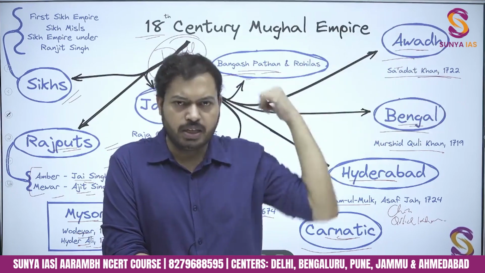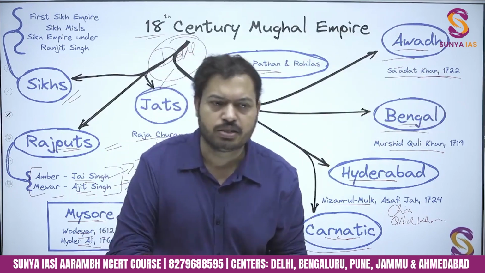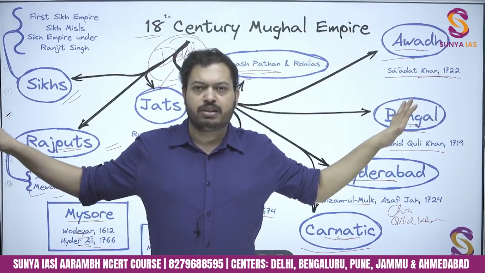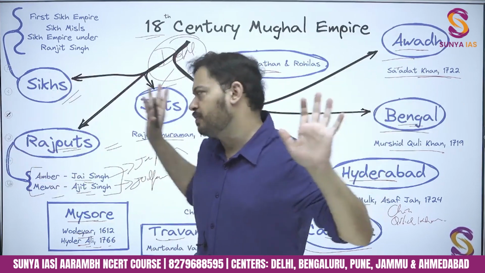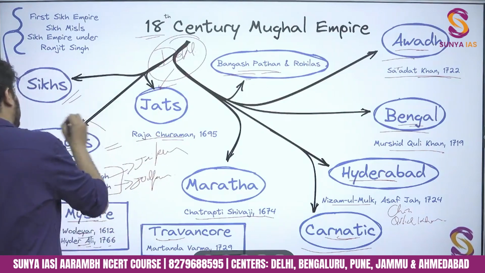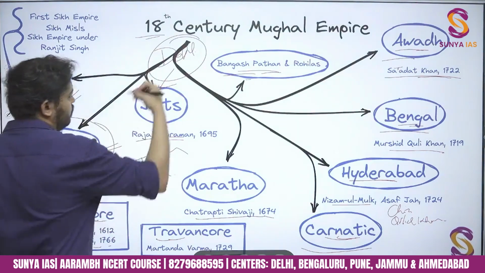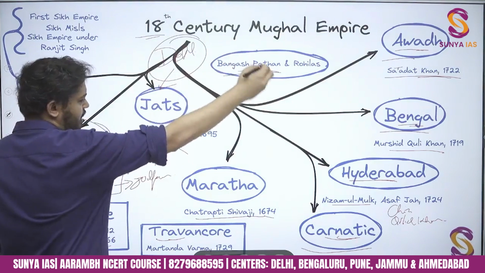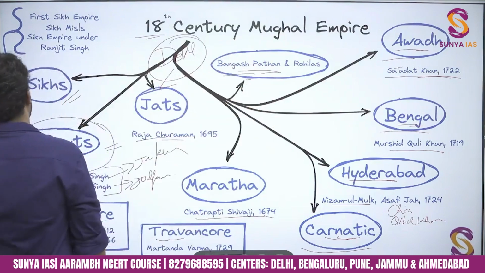Those things will be in the upcoming slides. You just have a basic idea on the screen of what is happening there. We'll start one by one. We'll start with the Rajputs, then we'll move to the Sikhs, then the Jats, and then the Pathans, in the coming section.